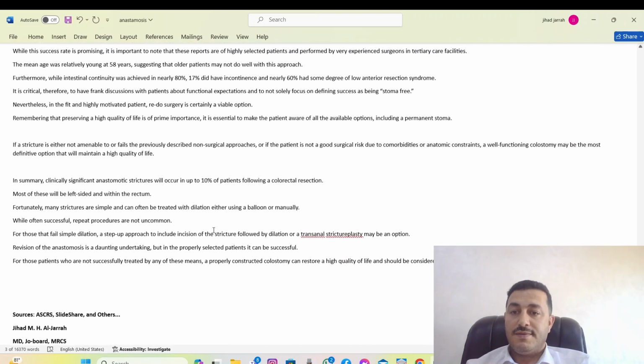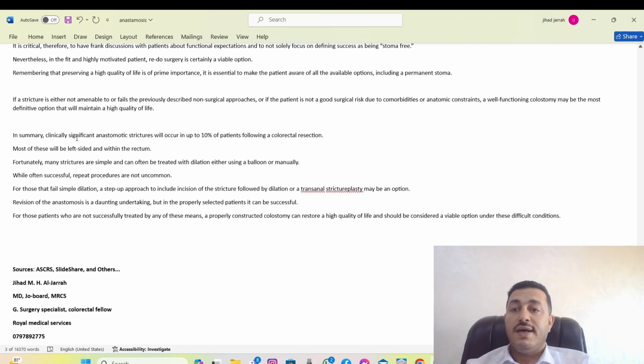Okay, what else? Let's see. In summary, clinically significant anastomotic stricture will occur in only 10% of patients. Most of these, even the 10%, are left-sided.